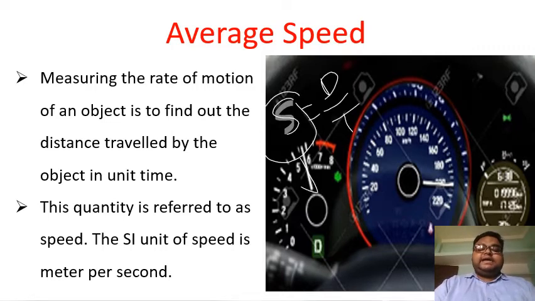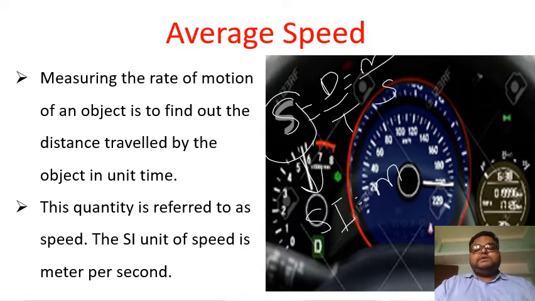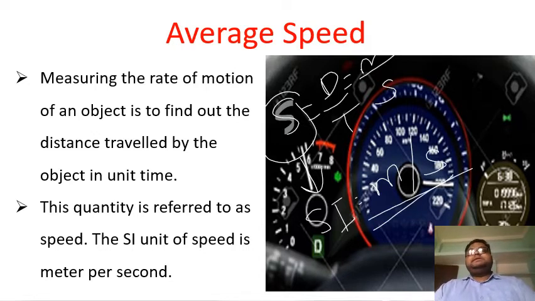And what is the SI unit of speed? Meter will be for distance, and for time we use seconds, so the SI unit of speed will be meter per second. Understood, students? Right.